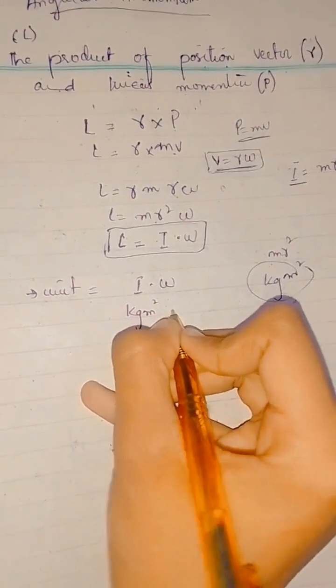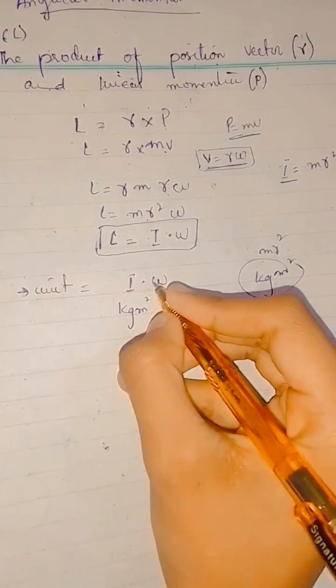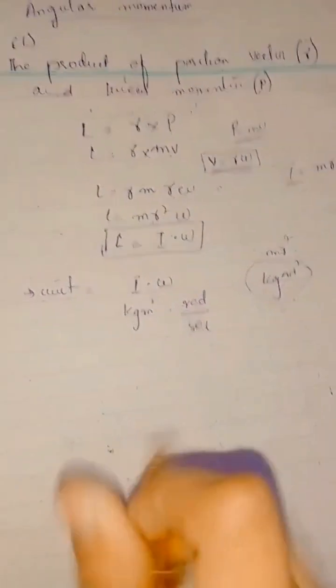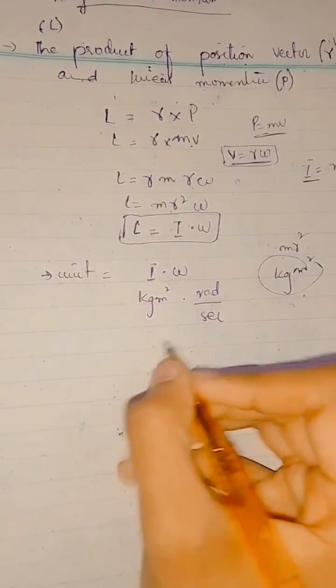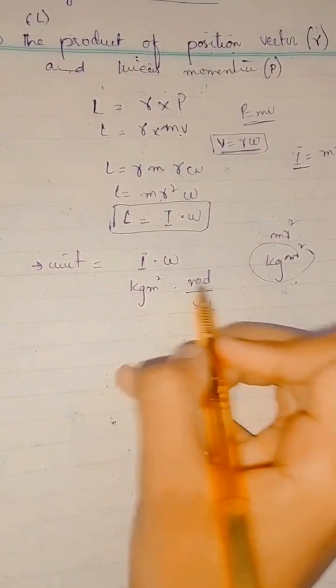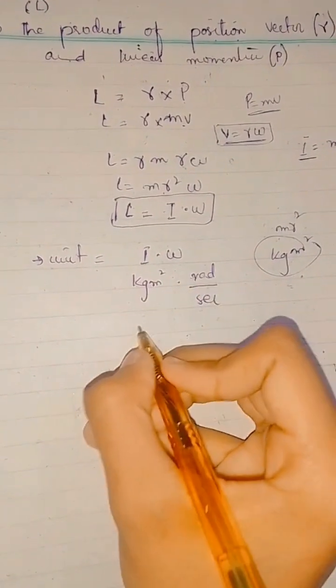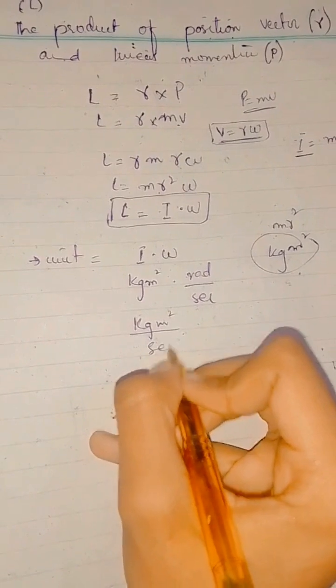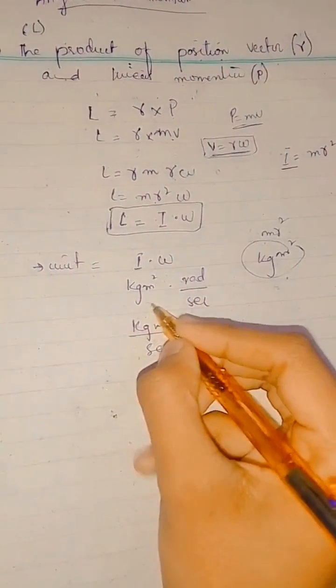Now what is the unit of omega? That is angular velocity, radian per second. We do not consider radian, so we write kg meter square per second.